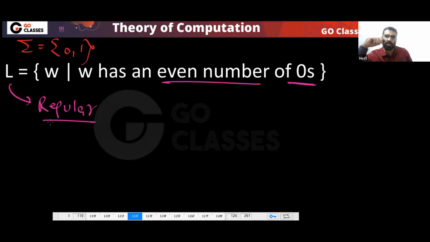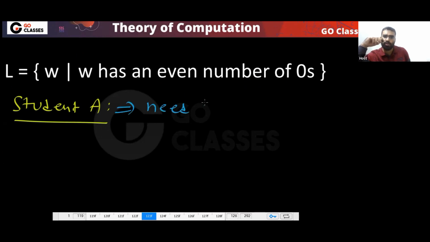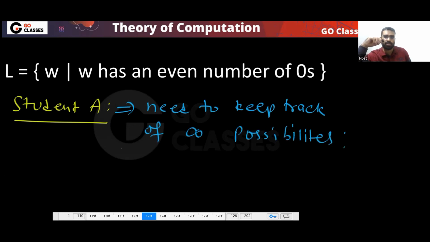This language is regular. Okay, let's assume some student, Student A, is saying: sir, I need to keep track of infinite possibilities. And if you ask which infinite possibilities, he will say: even number of zeros, I want even number of zeros, so I need to remember how many zeros I have seen.